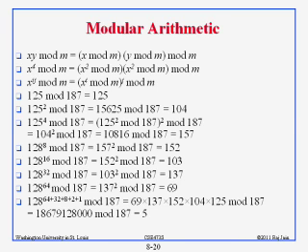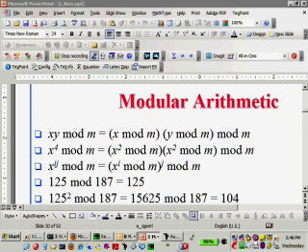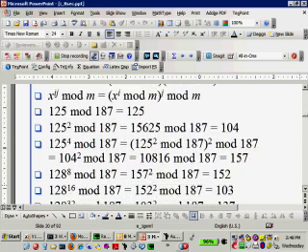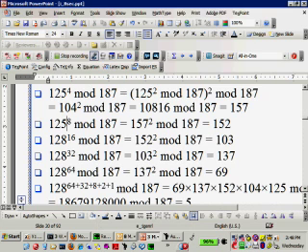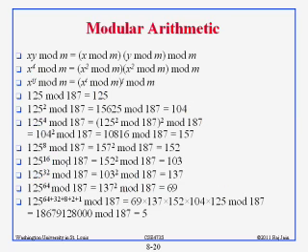These are all 125s. There is no 128 here. Thank you.